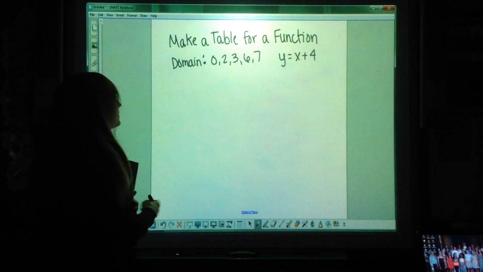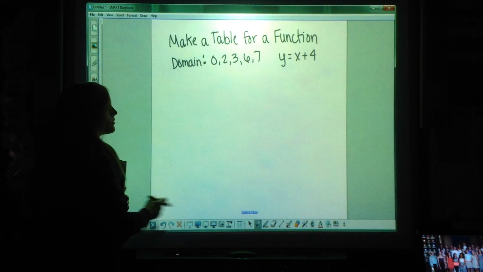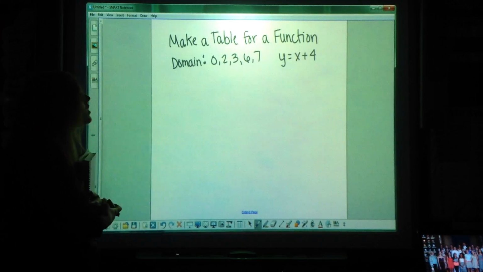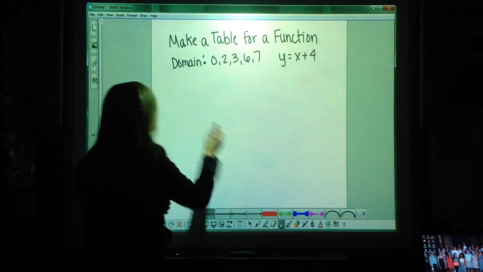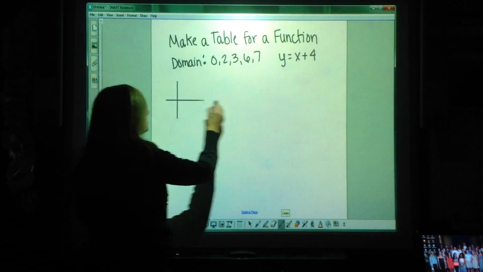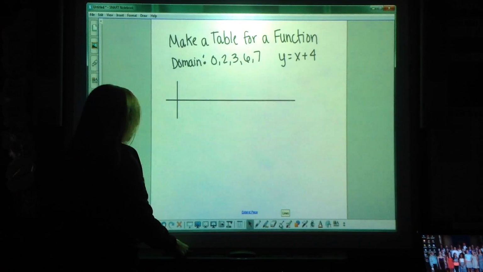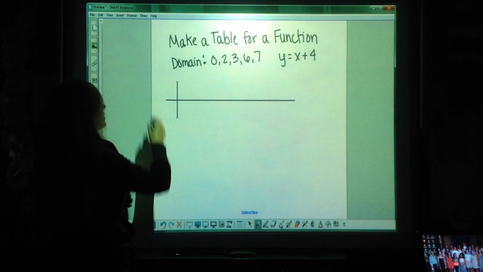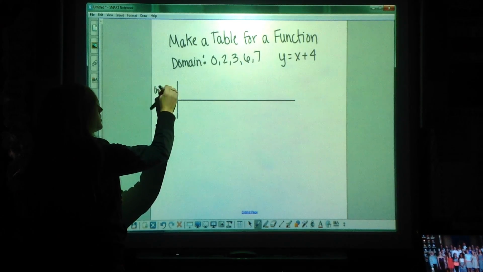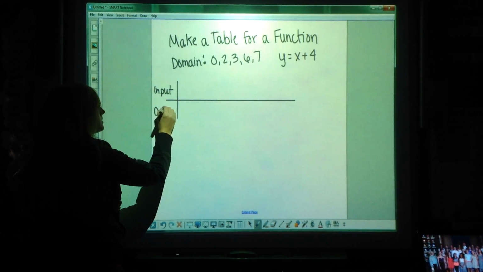So I don't care if your table's the long way, like we did in the last slide with the t-charts, or if it's the other way, horizontal. I think the book does both. Okay, so these are going to be your inputs. These are going to be your outputs.